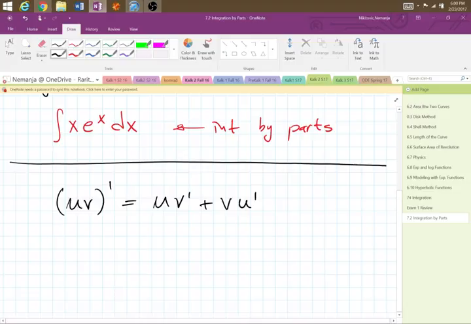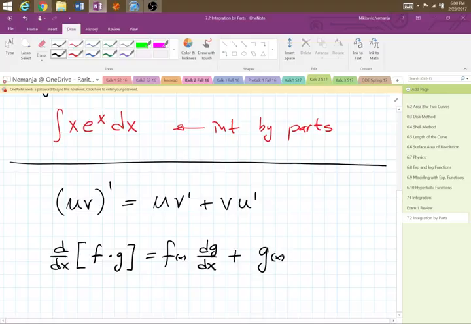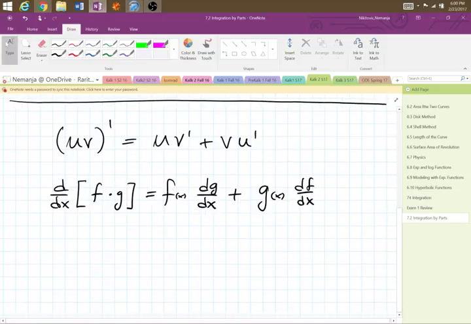Now I'm going to write this in a little bit better form using f and g. So the derivative of f times g is equal to function f times the derivative of g plus function g times the derivative of f with respect to x. This is if you write it out using Leibniz notation.